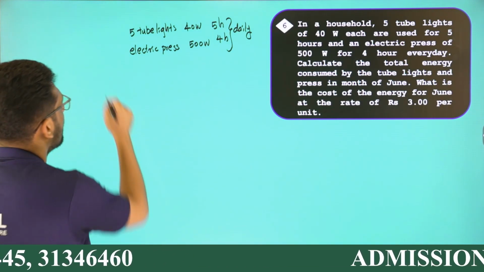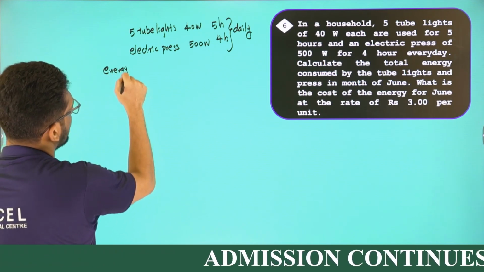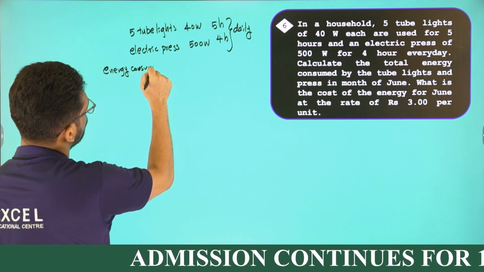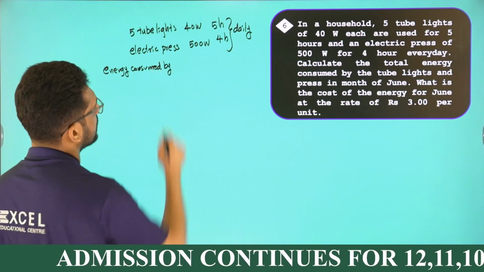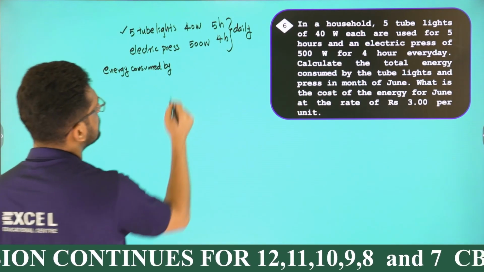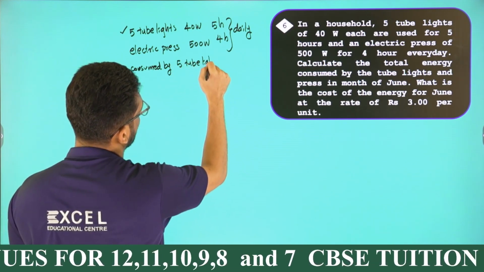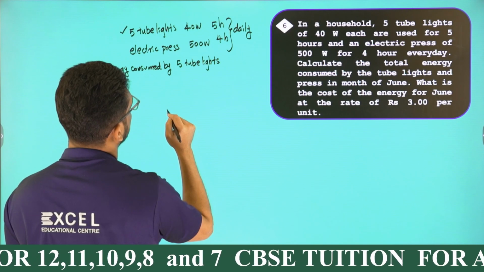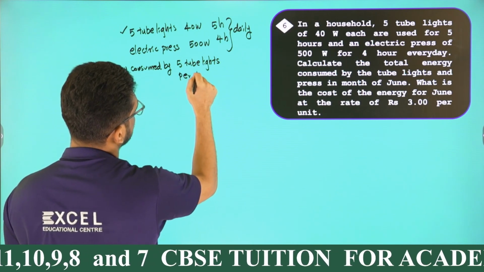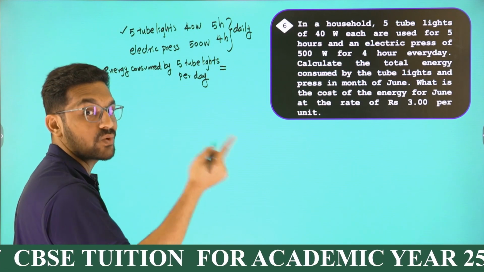How to do that? Let's find the energy consumed by these 5 tube lights per day. What is the equation for energy? Power into time.